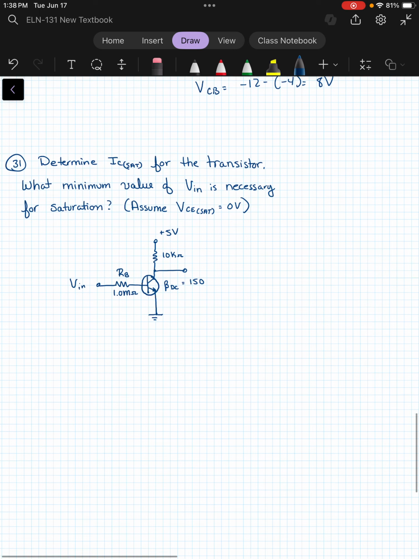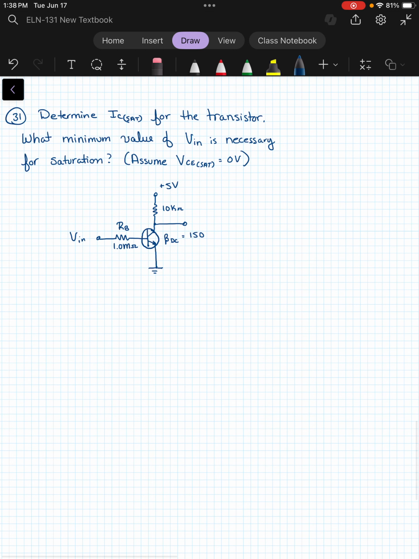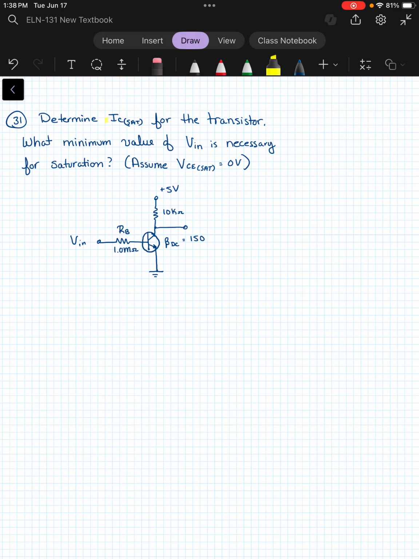All right, so for 31, we're talking about finding the saturation current. Now, the saturation current is basically the maximum current we're going to see, because once we get to that current, we're at saturation.